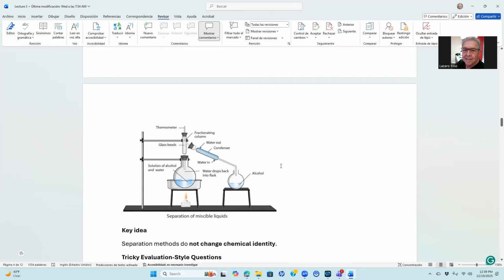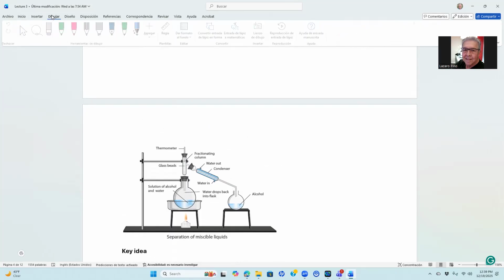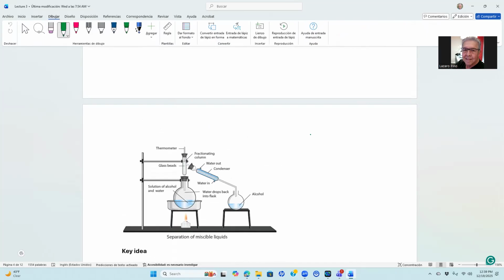There are other methods like decantation, when you have two liquids that don't mix.